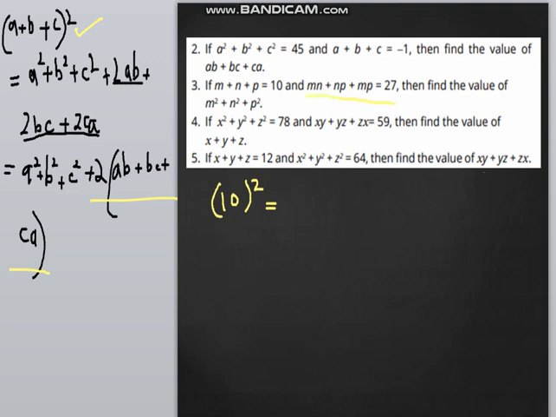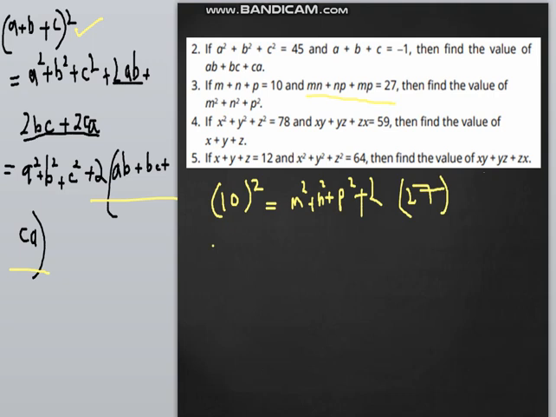We have the value of that. We just need to find m squared plus n squared plus p squared. So m squared plus n squared plus p squared plus 2 times (mn plus np plus mp is 27), so we just write 27 in here.